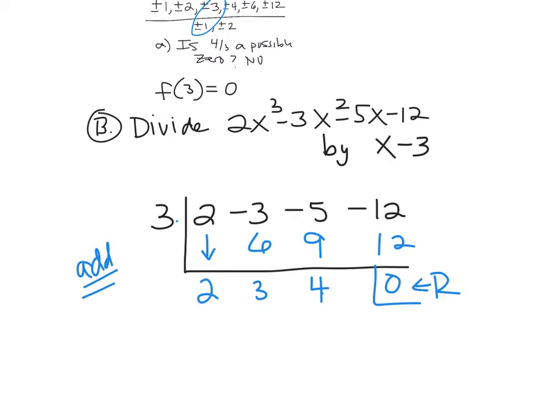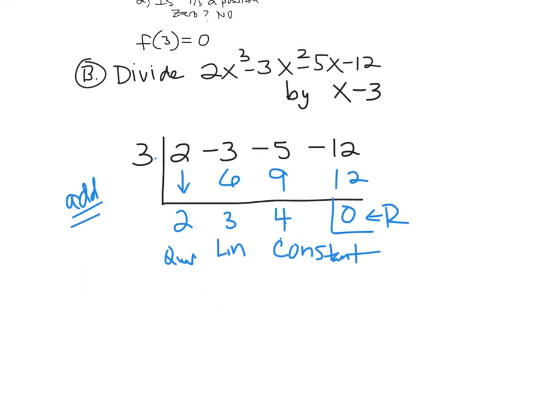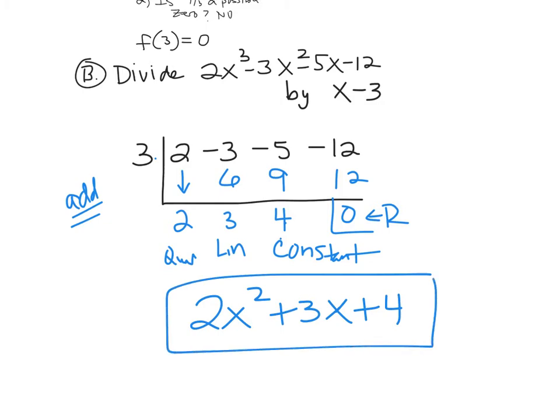And then next to it will be the constant term, linear, quadratic. Okay? It just goes up from there. Could be cubic, quartic, all the way up. So then your answer would be 2x squared plus 3x plus 4. And that's it. You're just dividing using synthetic division.